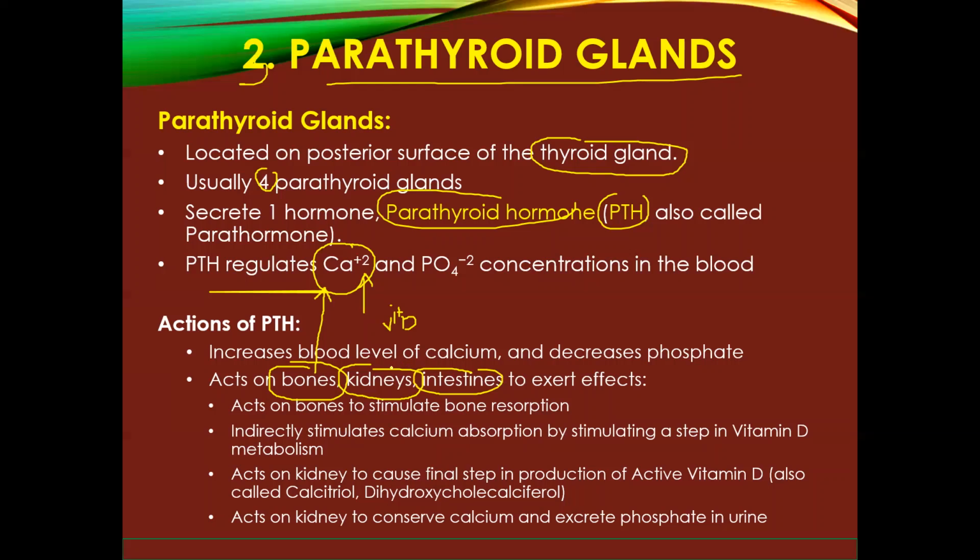Also, the kidney is the organ that filters the blood. So the kidney will retain the calcium from the blood, so the calcium will not be filtered out by the kidney. Okay, so basically there are 2 main targets for PTH, which are bone and kidney.